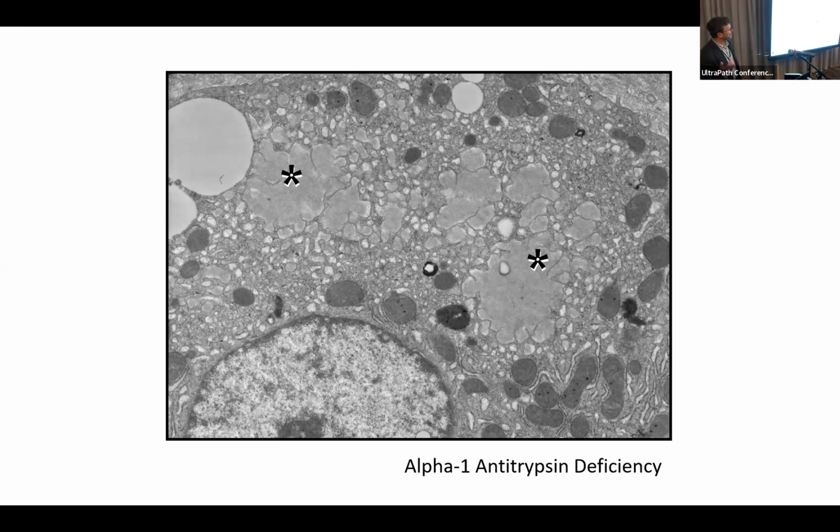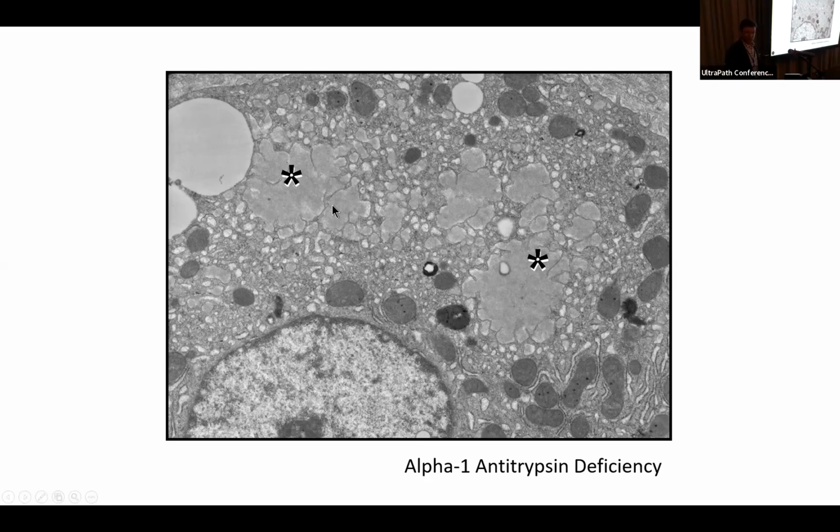This is misfolded alpha-1 antitrypsin protein that's formed in the endoplasmic reticulum but can't escape it, and so you end up with these dilations of rough ER that have the misfolded protein accumulating within them. One of the useful things is that this image has a nice lipid droplet here.